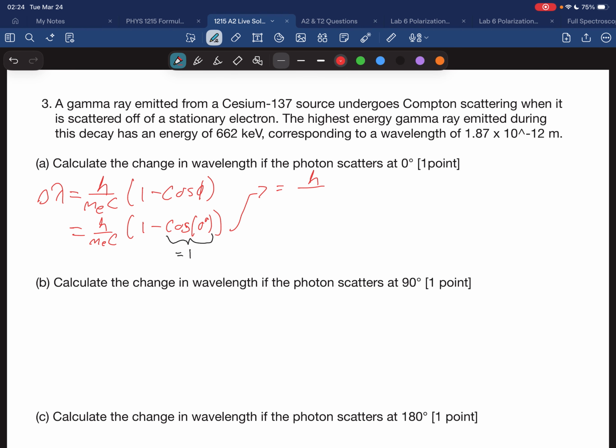So we still have h over m_e c, and this is going to be 1 minus 1, so we have 0 times our constants, so therefore the change in wavelength is 0 meters. So for part A, pretty easy. No calculator required for part A. Great.